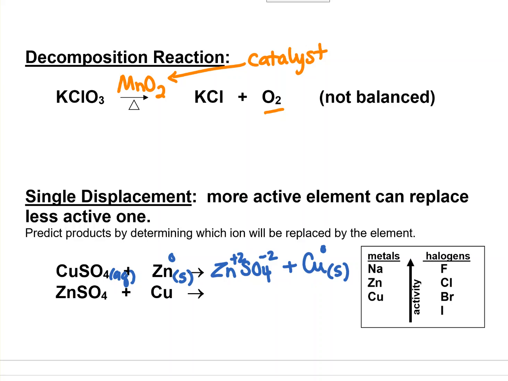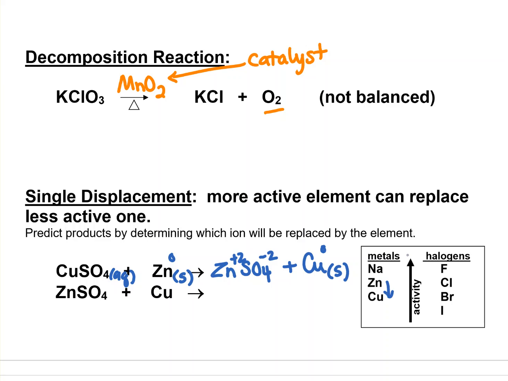And then I said, we didn't check this. A more active element can replace a less active one. So if we go to our activity series of metals, I see that zinc is above copper. So that means it can replace copper. So that reaction could occur.